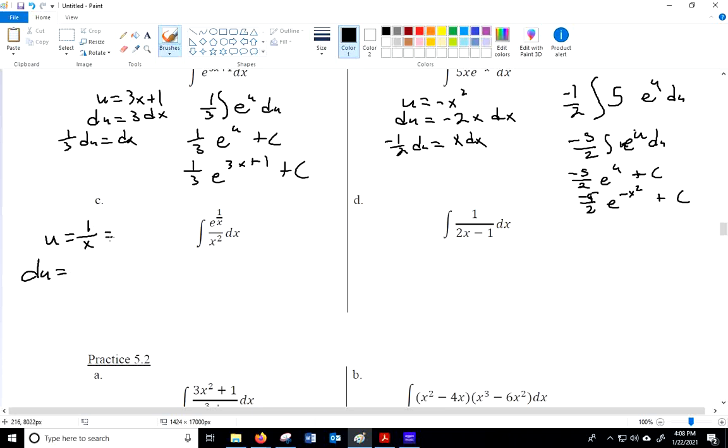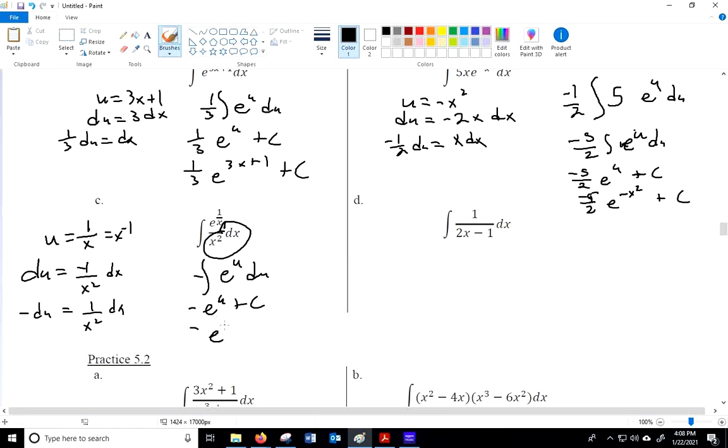This is x to the negative 1, so this becomes negative x to the negative 2, or negative 1 over x squared dx. So if I divide both sides by negative 1, I get 1 over x squared dx equals negative du. So this becomes the integral of e to the u, and that 1 over x squared dx, all that's just a negative du.